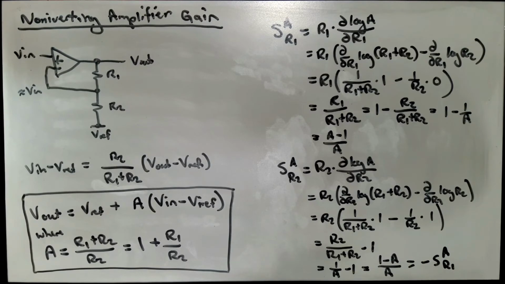It will depend on what we're interested in knowing. So if we're looking at, let's say, the tolerance on our resistor values and how they combine to form the tolerance of our gain, that's one question we might be interested in answering.